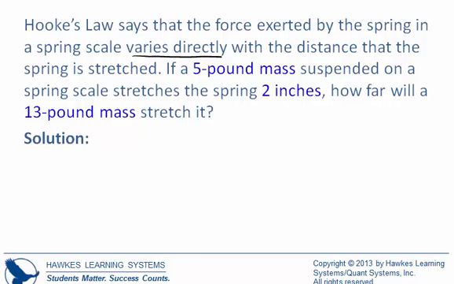So we're going to write an equation that looks like F is equal to k times x. And this is what I gather from the first sentence. This says that the force, which we are using an F for, varies directly, which means that we have a constant of proportionality that relates them, with the distance. And distance is going to be the x.